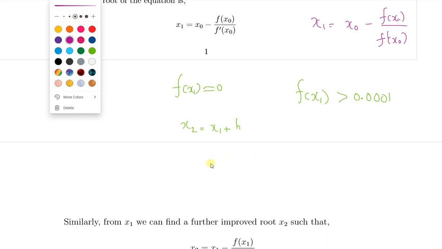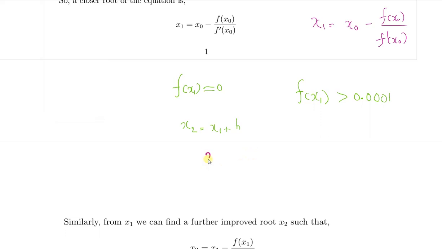That is, x2 is equal to x1 plus h. Not plus, what is the value of h? We found that h is equal to minus f of x0 divided by f dash of x0.